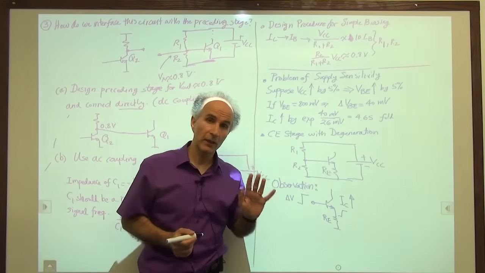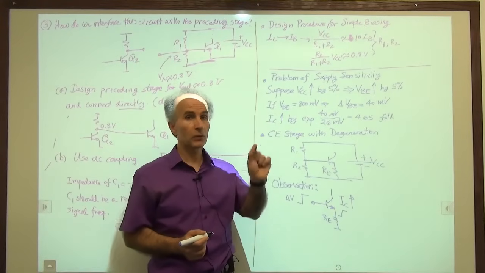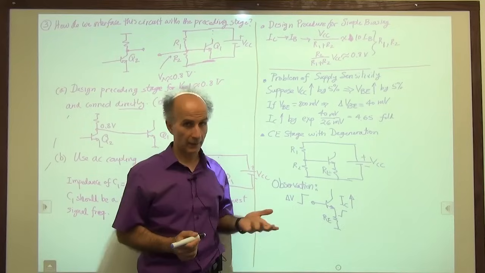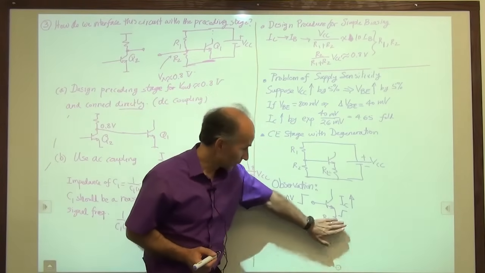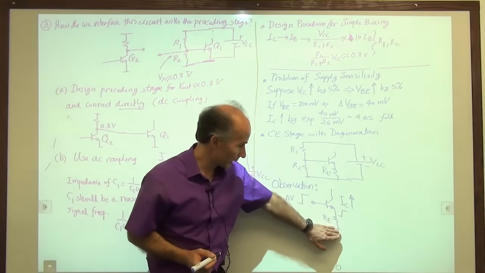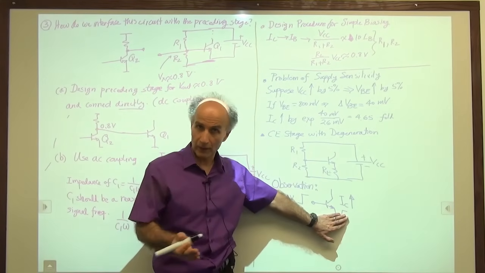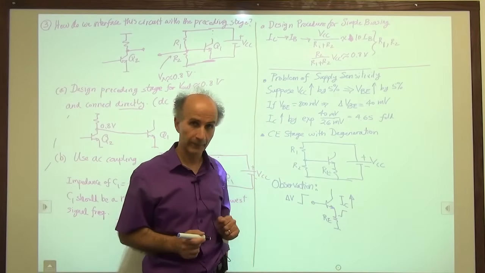In a common emitter stage with degeneration, if the base voltage goes up, the emitter voltage has to go up. And that's, of course, in contrast to when we have no degeneration. We have no degeneration and the emitter is connected to ground. When the base goes up, of course, the emitter doesn't go up. The emitter is tied to ground. But here, the emitter voltage has to go up.